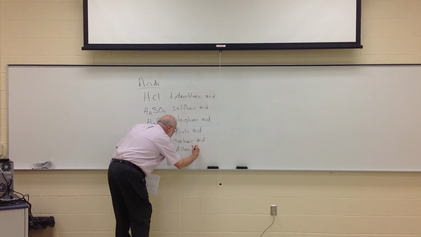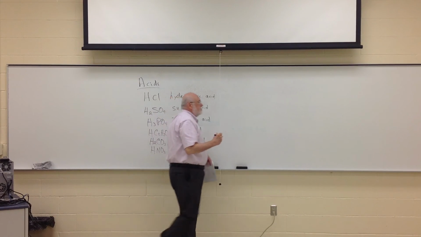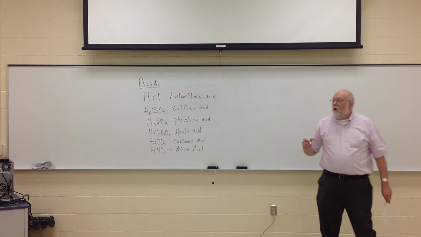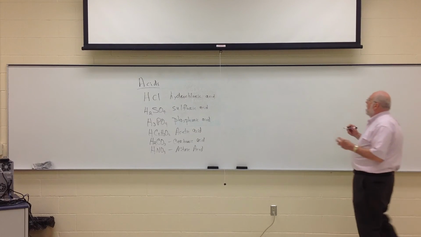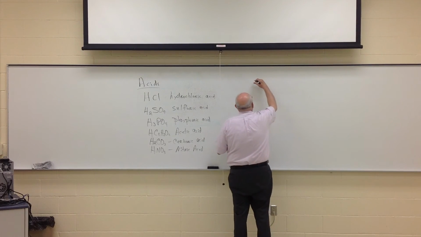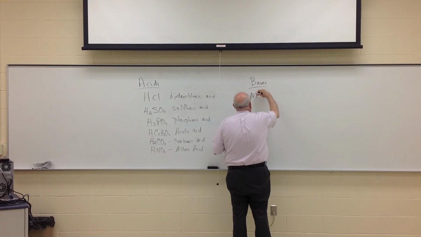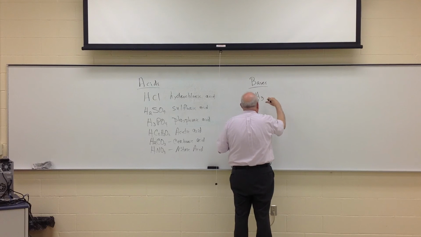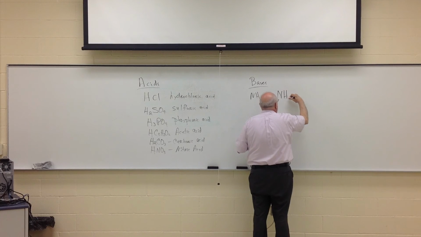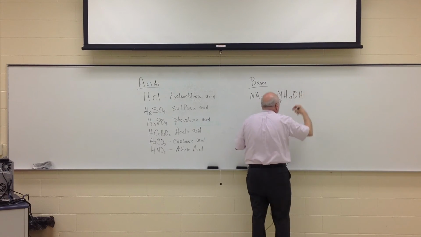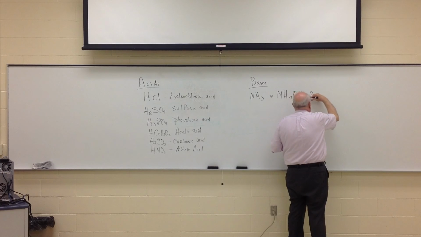All right, so we have hydrochloric, sulfuric, phosphoric, acetic, carbonic, nitric. Those are the ones you really need to know the formulas for because we use those a lot. Now, here are some bases. First of all, ammonia gas, but when it's in water, it's in the form of ammonium hydroxide.